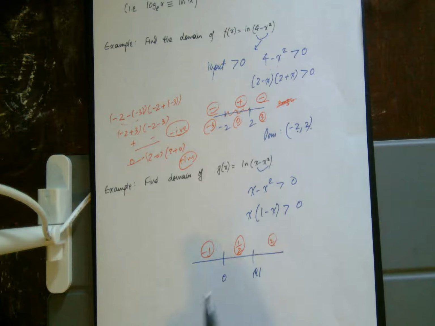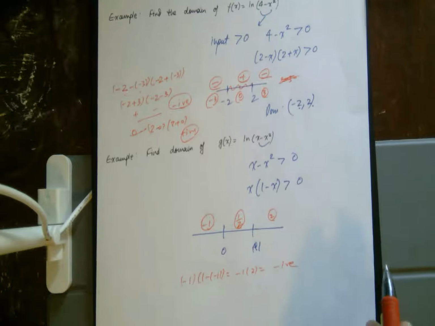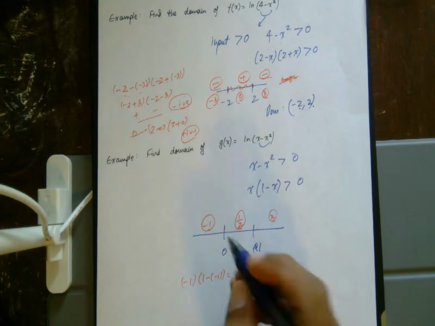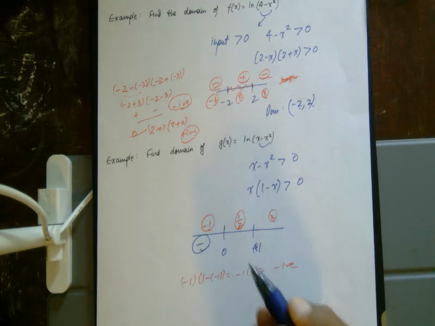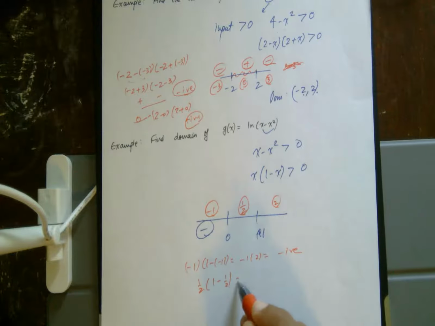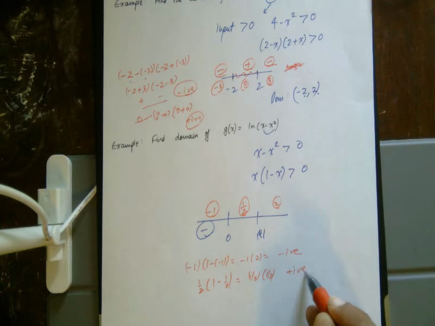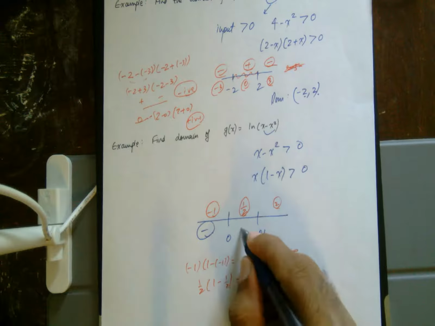Negative 1 times 1 minus negative 1 is negative 1 times 2, which is negative. So negative over here. 1/2 times 1 minus 1/2 is 1/2 times 1/2, which is positive. So it's positive here.